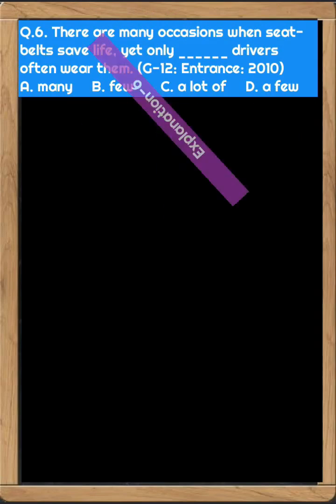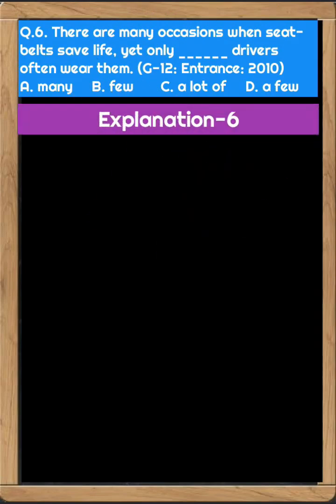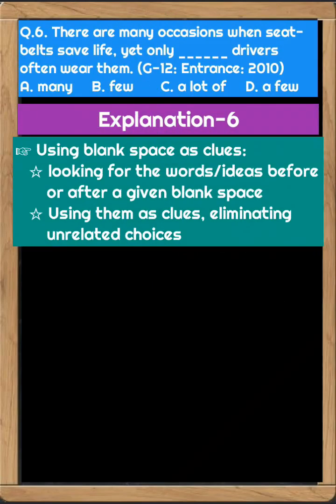Well, our explanation continues. Now look at question number 6 on the screen. Have you seen? I hope you have seen it. Dear viewers, some quantifier questions could be answered simply by using the words or the ideas before or after the given blank space as a clue. For example, the above question can be answered using the word only, which is before the blank space, as a clue.